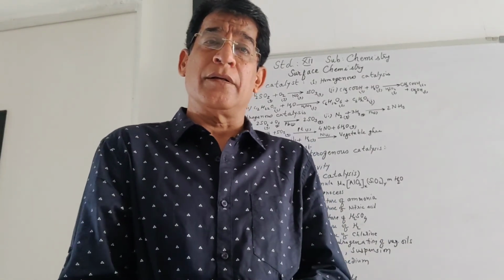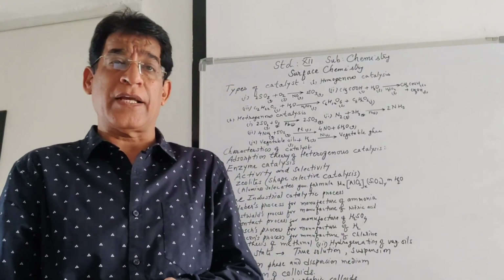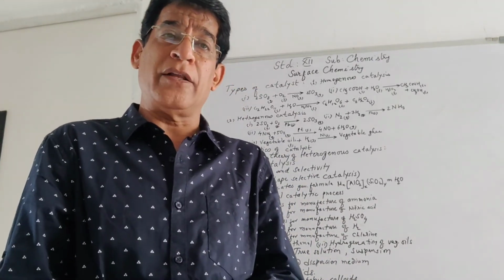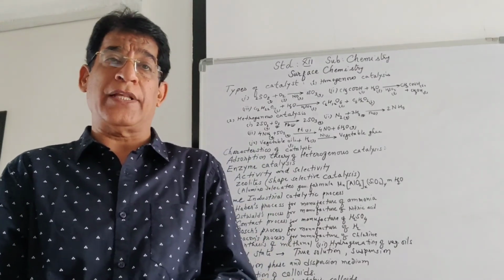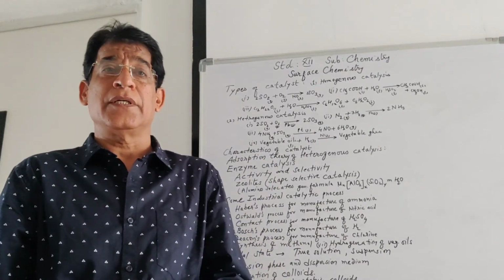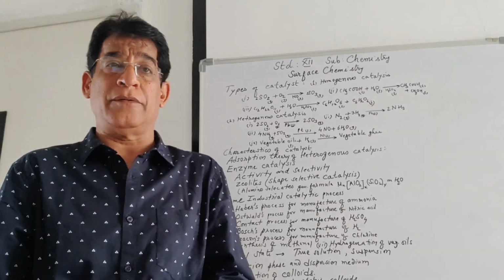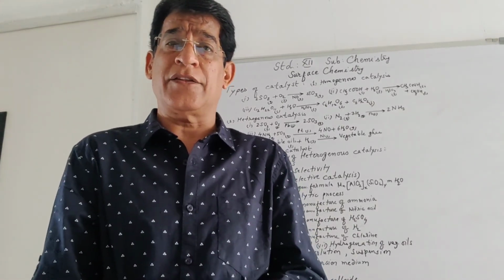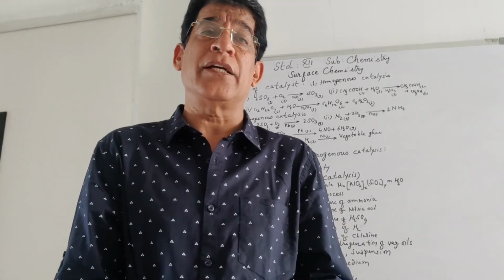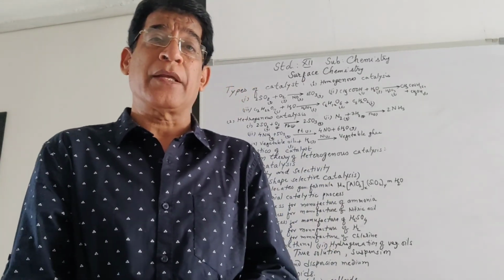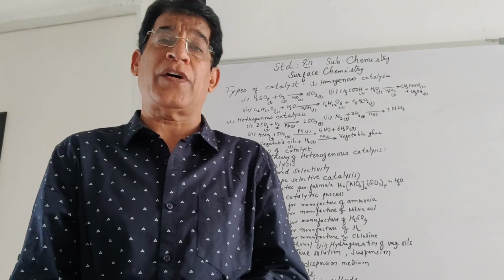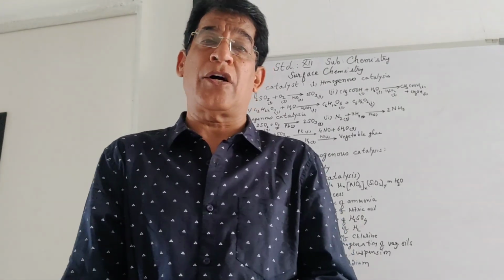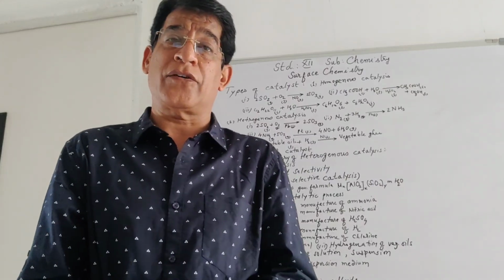Similarly, silicic acid sol is obtained by hydrolysis of sodium silicate. And fourth, by double decomposition. A sol of arsenic sulfide is obtained by passing hydrogen sulfide, H2S, through a cold solution of arsenious oxide in water.